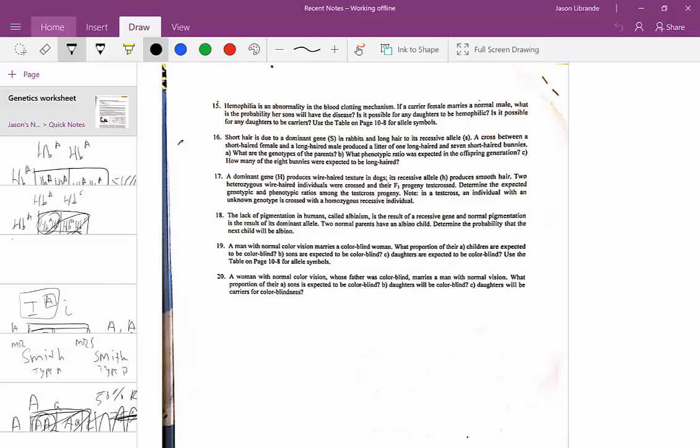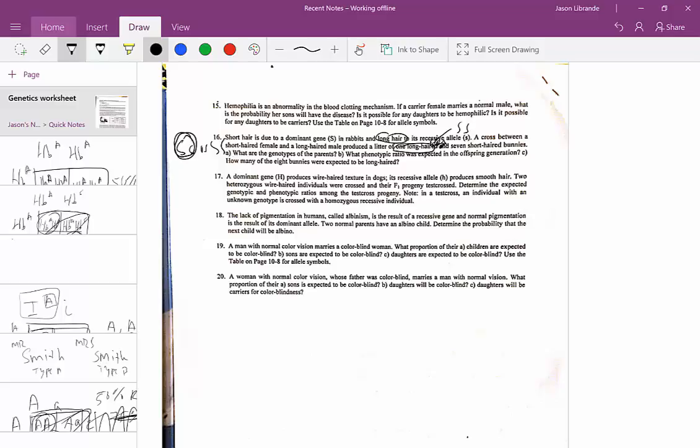So she could be S, lowercase s, or big S, big S. So since it looks like they were able to produce a long-haired rabbit, which is recessive, she must be heterozygous. Since there's no way for that long-haired offspring to get two lowercase s alleles.